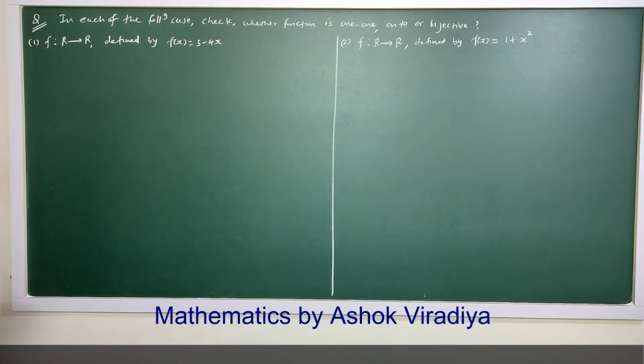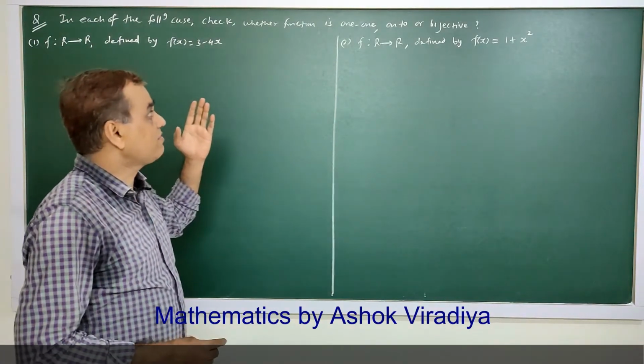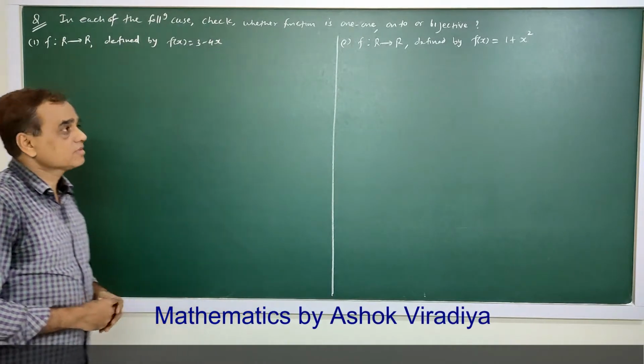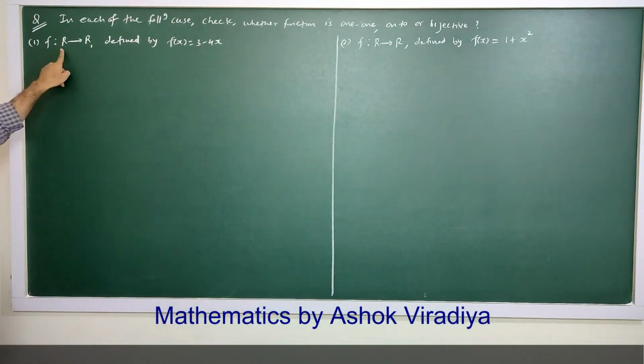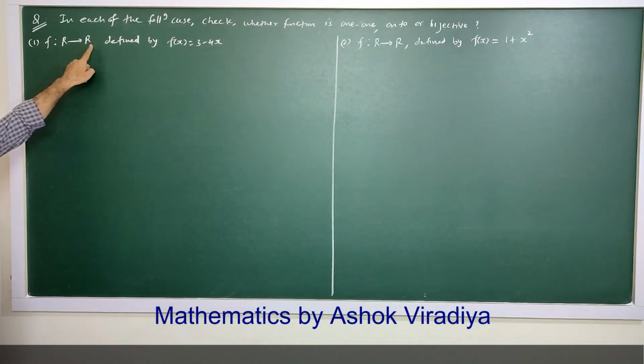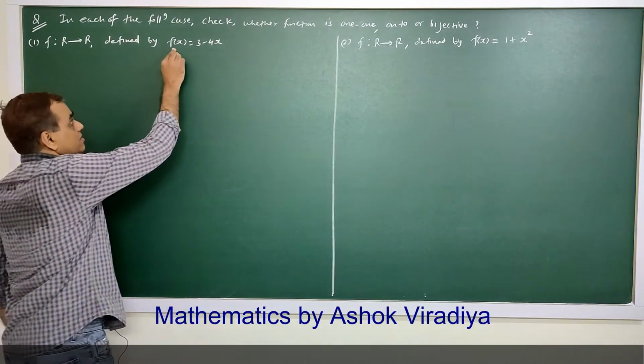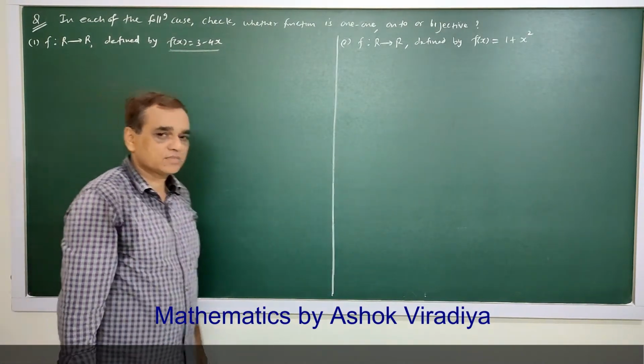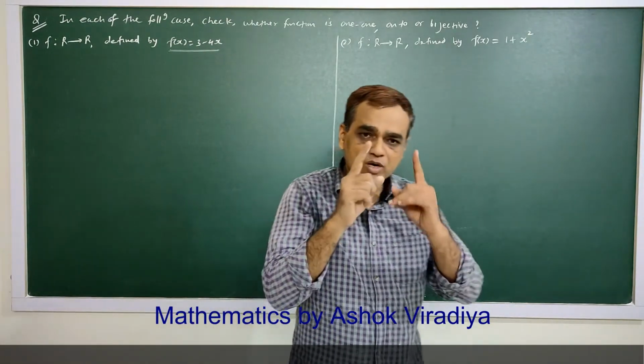Now next question. In each of the following cases, check whether the function is 1-1, onto, or bijective. Here the function is from R to R, defined by f(x) = 3 - 4x. Now keep one point in mind.